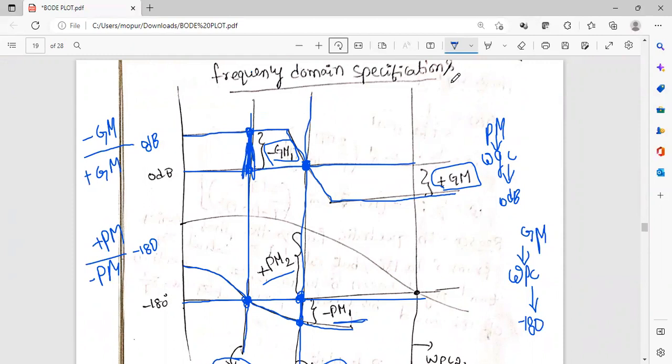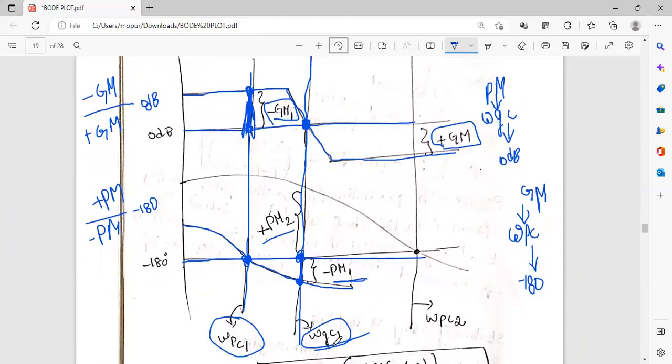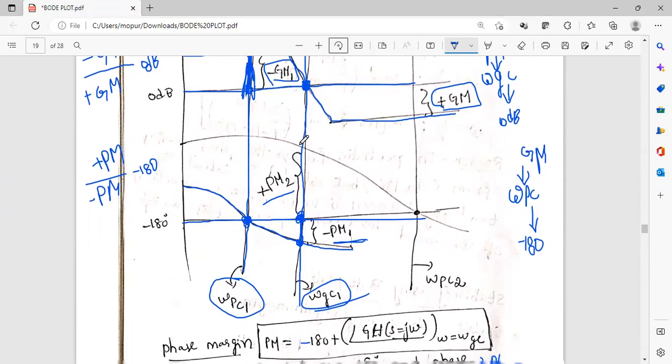First, we will extract the frequencies. Gain crossover frequency is the frequency at which the magnitude plot coincides with 0 dB.